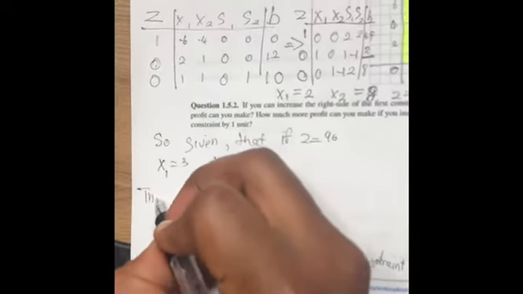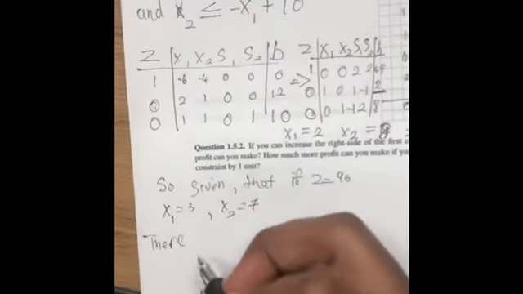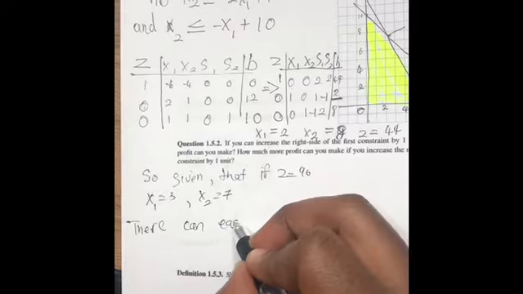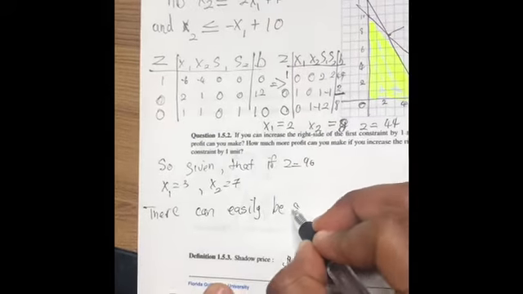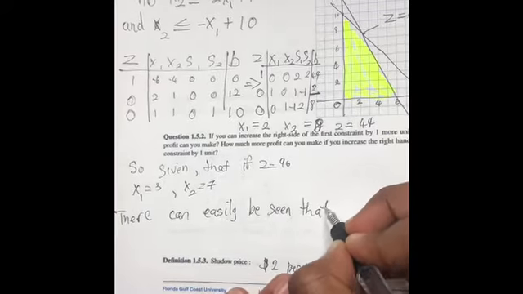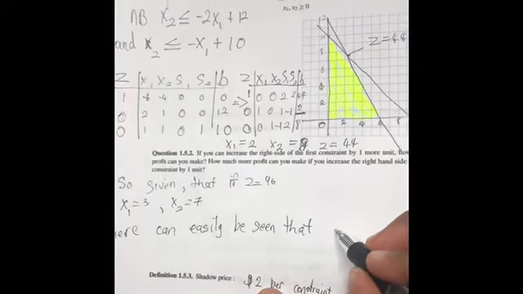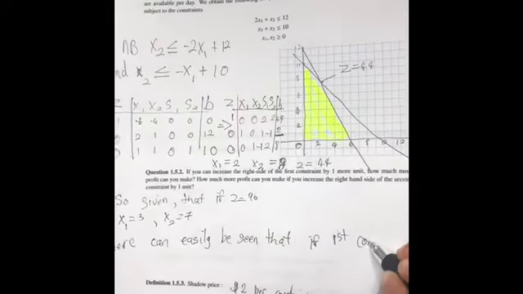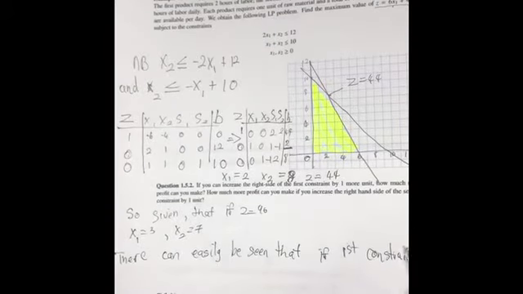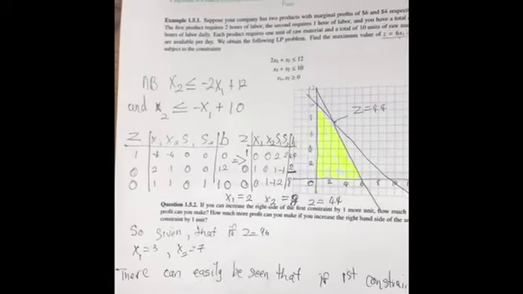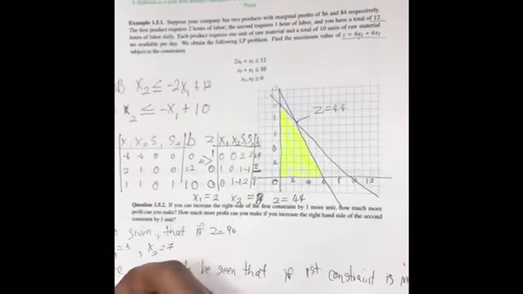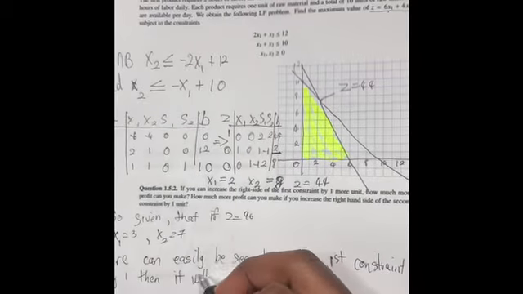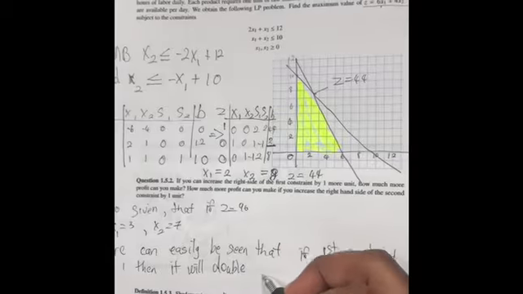So it can easily be seen that if the first constraint is increased by 1, then it will double the profit.